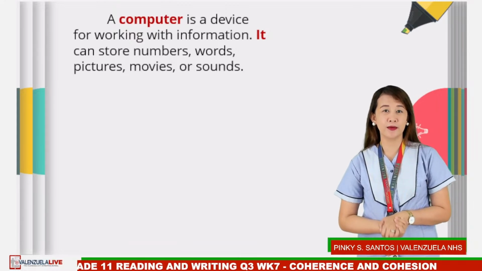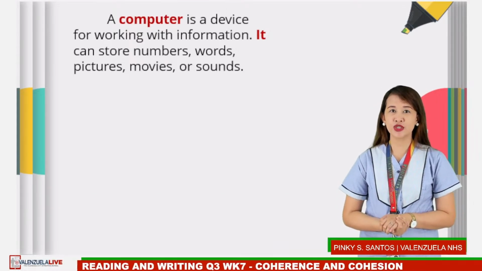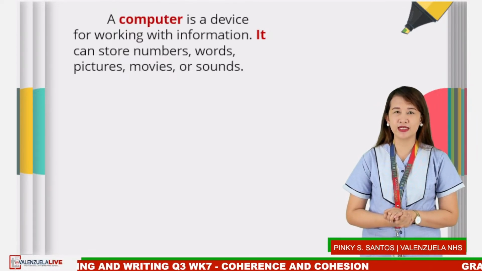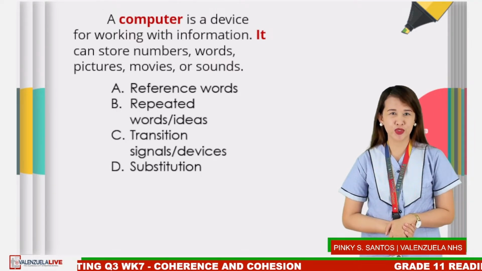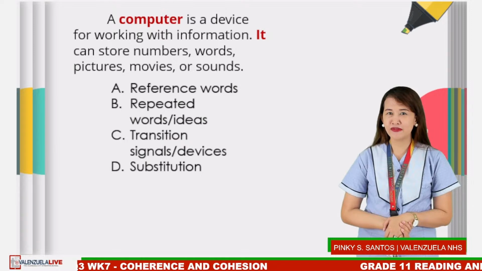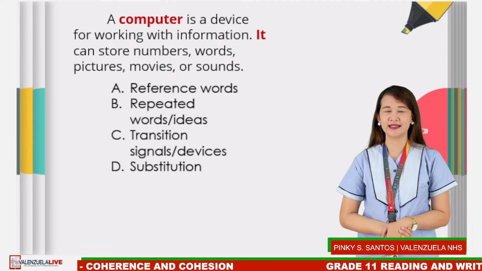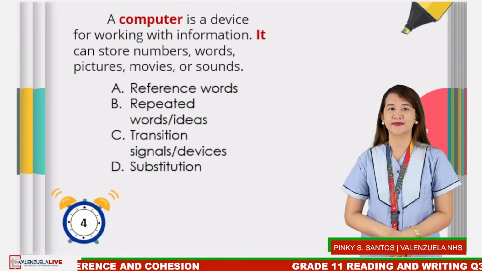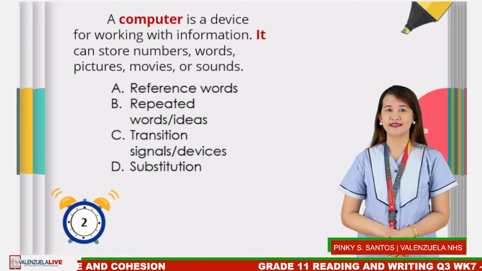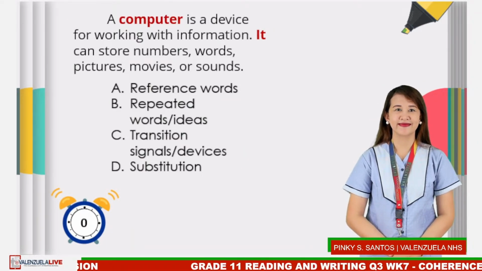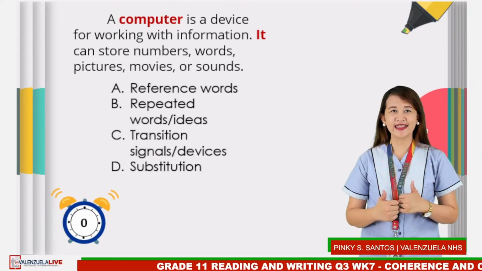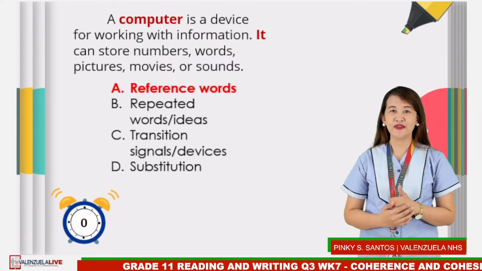It can store numbers, words, pictures, movies, or sounds. As you can see, we have computer in it. So choose the right answer. I'm giving you 5 seconds to do it. Great! The answer is reference word.